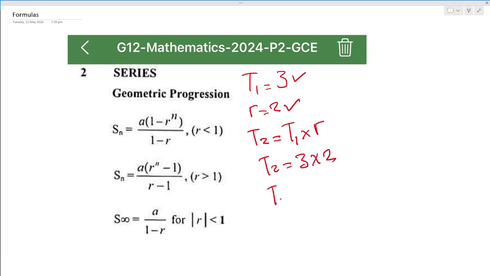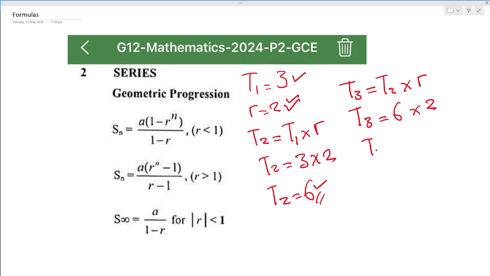So meaning T2 will be equal to 6. How about T3? How are you going to find T3? Term number 3. Okay, so I'm simply going to say term number 2 times the common ratio. Okay, what is term number 2? Term number 2 is what we found there, a 6, times the constant amount, which is a common ratio here, a 2. So term number 3 will be equal to what? Would be equal to 12.